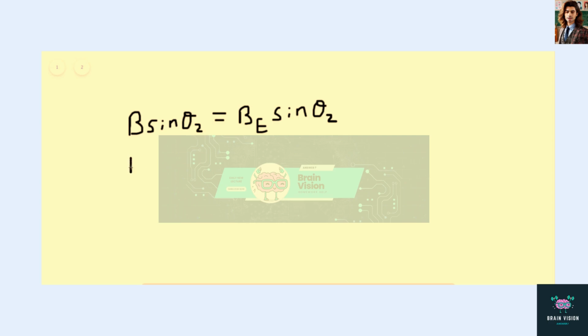So here, B times the cosine of the angle theta 2 is going to be equal to B sub E times the cosine of the angle theta 1 minus B sub W. Again, because the entire magnetic field from the wire is just in the vertical direction, B sub W times the cosine of the angle is just B sub W, because the angle here would be 0. So the cosine of that angle is just 1.